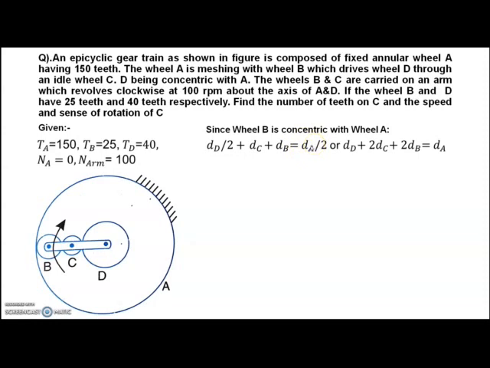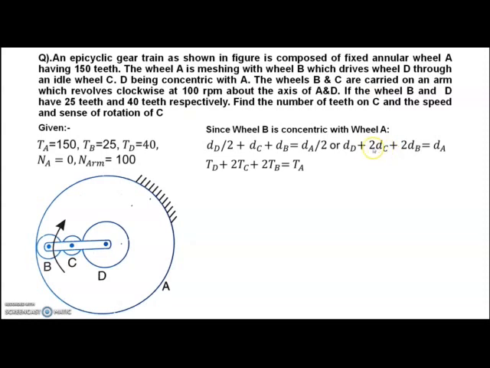Or to make it simple, you multiply by 2. So it will come dD, that means diameter of D, plus 2 dC plus 2 dB is equal to dA. And since all 4 gears are meshing, the module is the same, so diameter can be replaced by number of teeth.